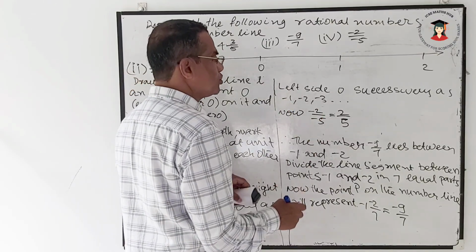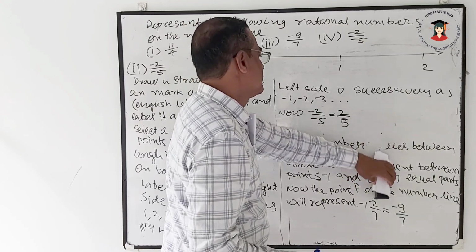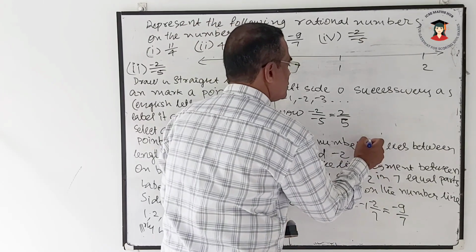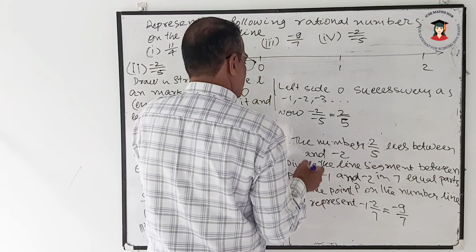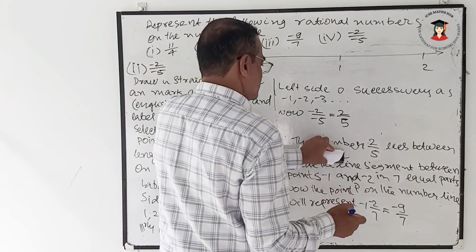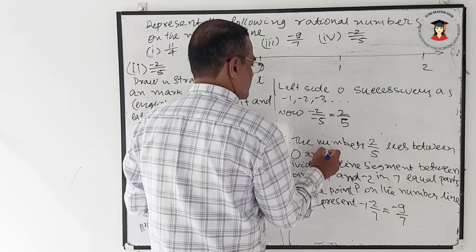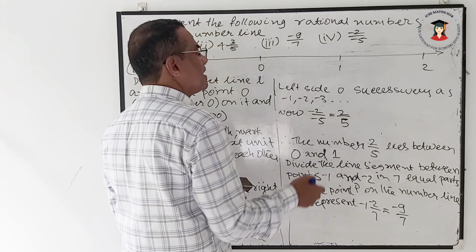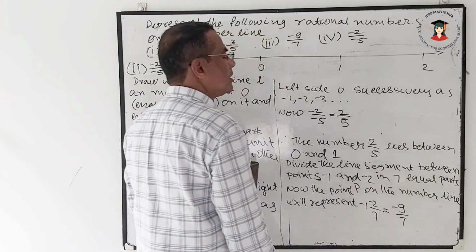So the number 2 by 5 lies between 0 and 1. What is 2 by 5? 2 by 5 means it will be 0.4.